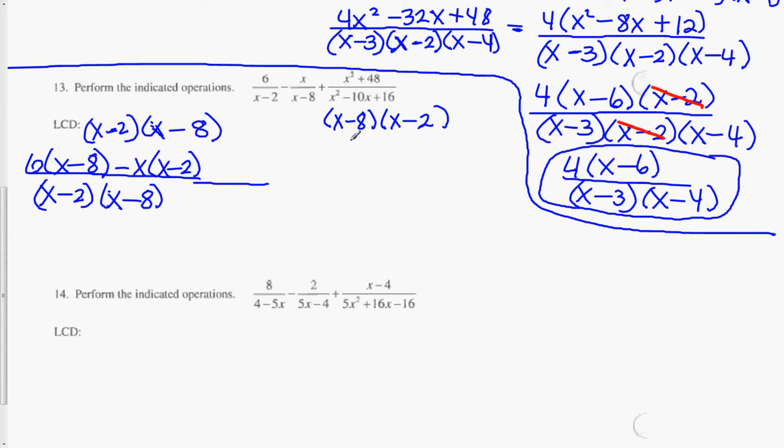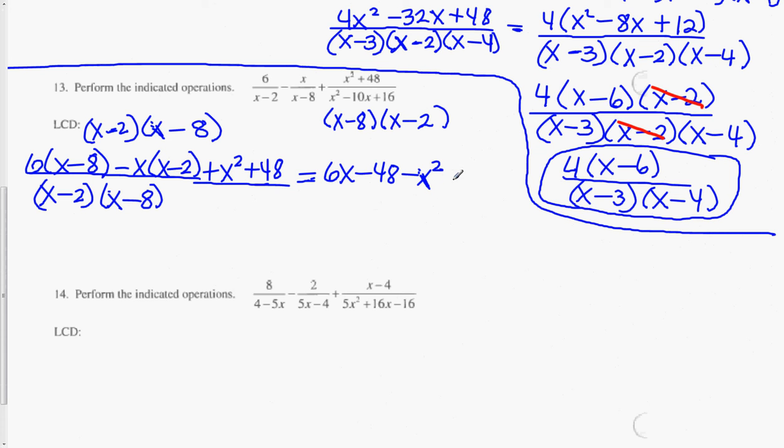And in the last one, I've got x squared plus 48. Well, underneath there, I've got both of the factors that are in my denominator, so I don't have to do anything to x squared plus 48. So let's clear our parentheses. That's going to give me 6x minus 48 minus x squared.